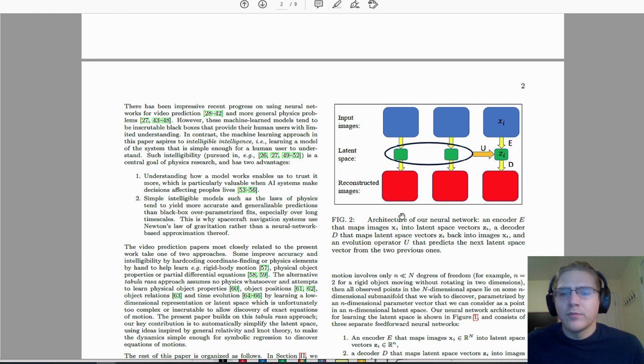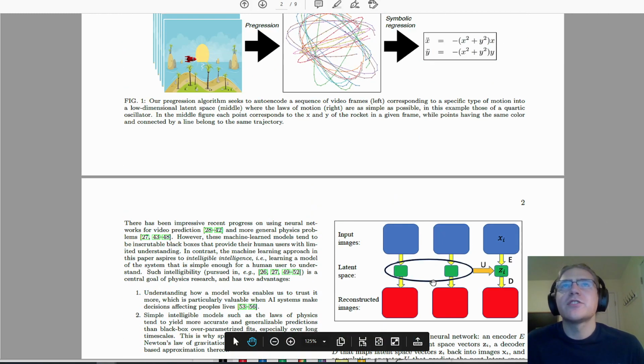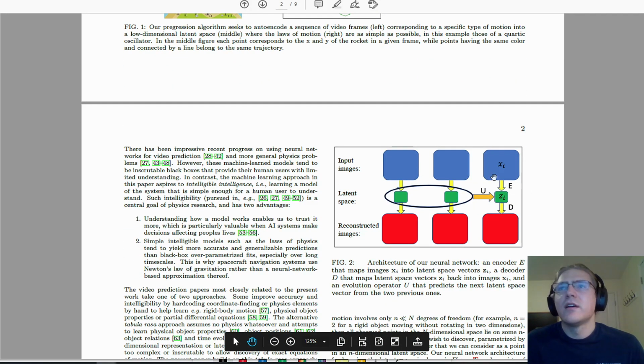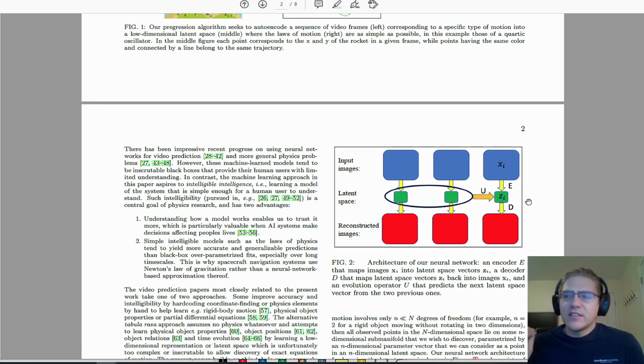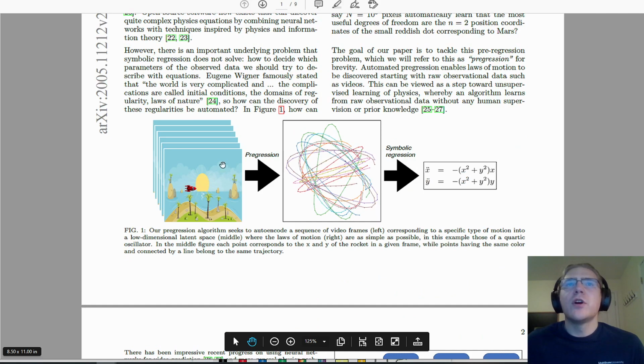Throw in some PCA there just for fun, and then you run symbolic regression on that latent space. You should be able to take general data and extract equations, not just nicely formatted data like we had with AI Feynman, but a much more general kind of data.